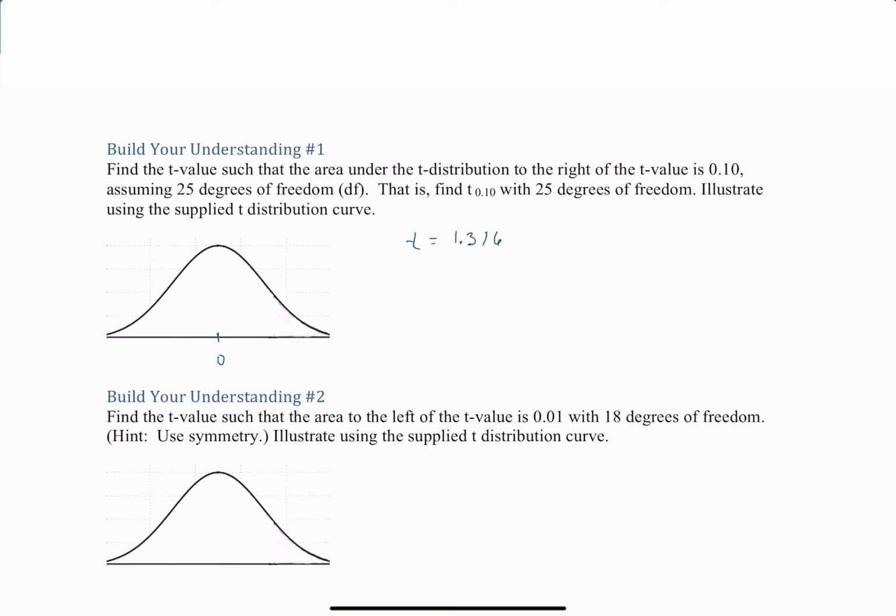Now, as always, 0 is smack in the middle of our t-distribution. So to illustrate this, we would say suppose t equals 1.316 is there, then the area to the right, so my shaded area, is 0.10.